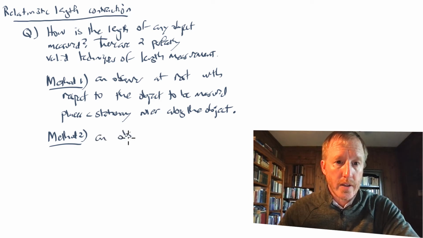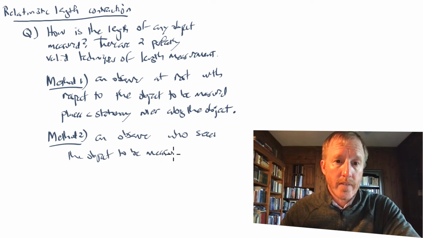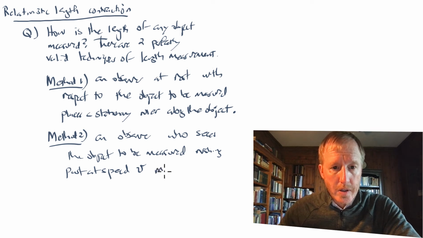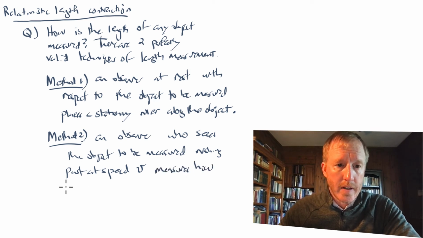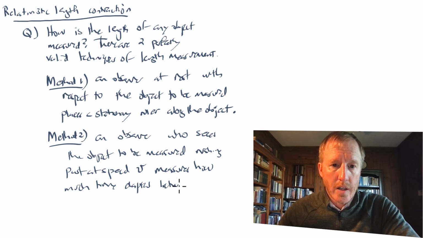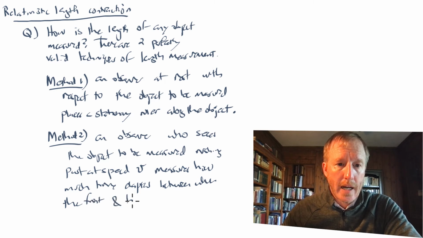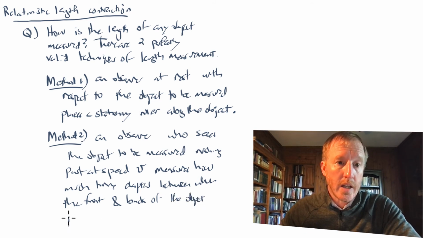So an observer in this method, an observer who sees the object under consideration, the object that is to be measured, in this case it would be the train, who sees the object to be measured rushing past at a speed v, we'll call it, measures how much time elapses between when the front and back of the object passes his or her location.